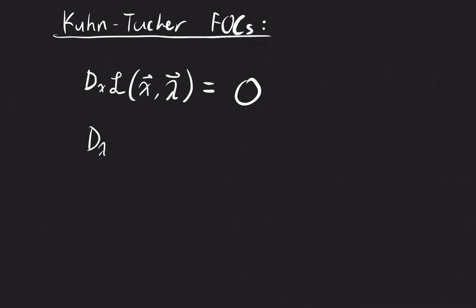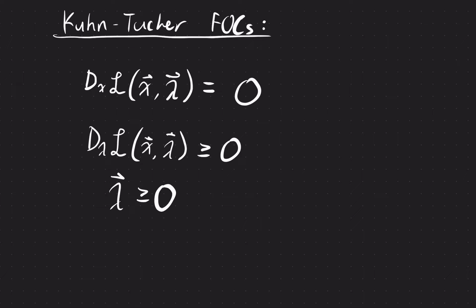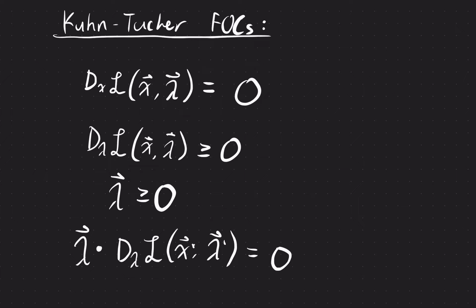The lambda gradient of the Lagrangian greater than or equal to 0, lambda, the vector, greater than or equal to 0, and lambda dotted with the lambda gradient equal to 0. All of these should be at the optimum. These are the conditions for an optimum, so this is how we write it.